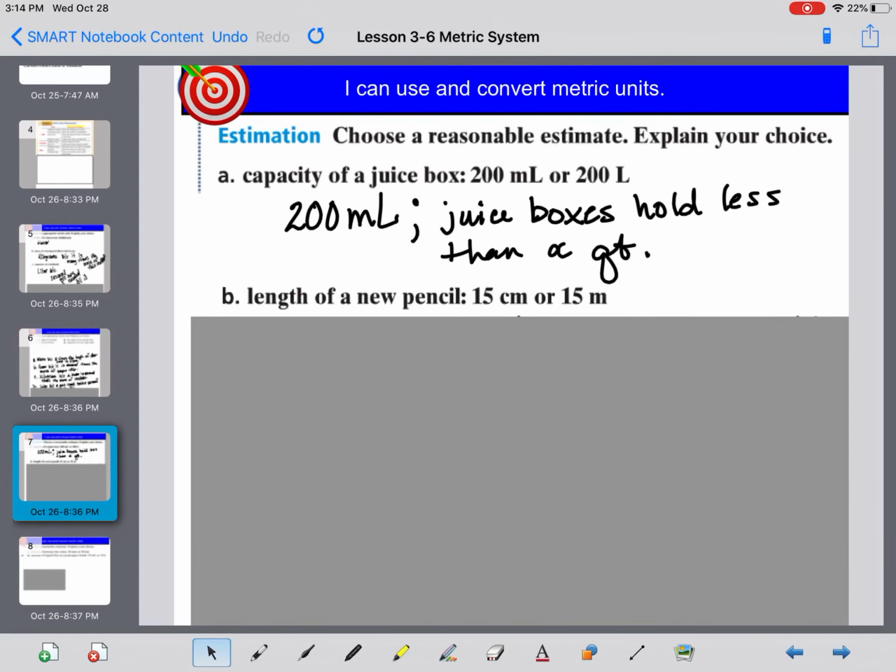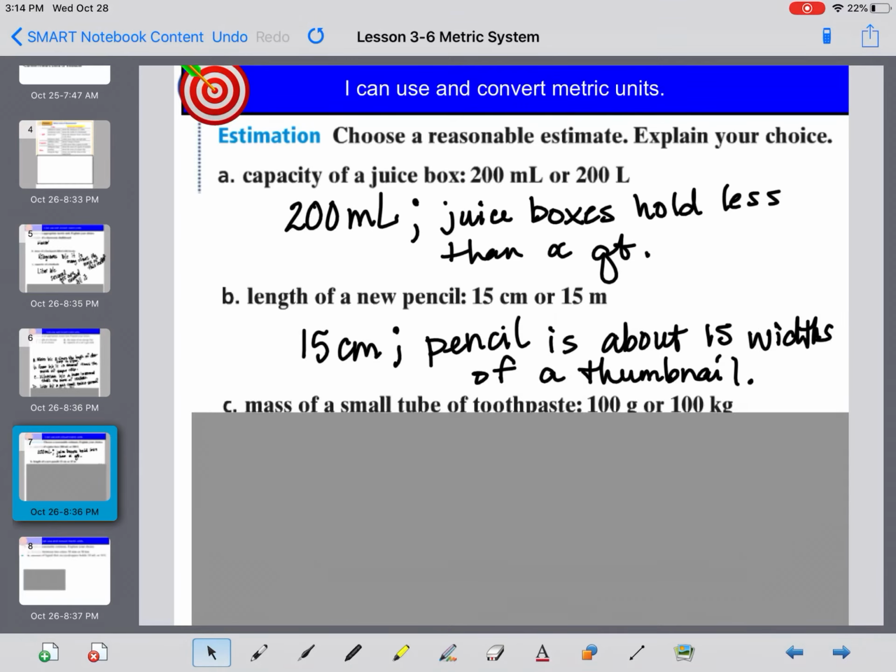B, the length of a new pencil, 15 centimeters or 15 meters, knowing that 1 meter is the distance from the floor to the doorknob, and a centimeter is about the width of your thumbnail. I chose 15 centimeters because a pencil is about 15 widths of your thumbnail.